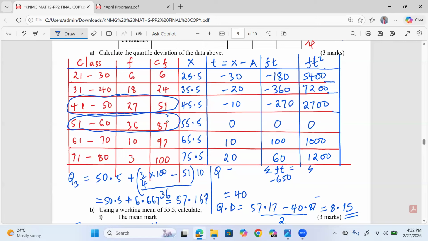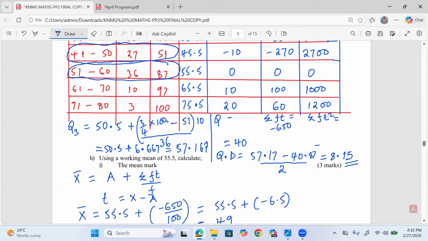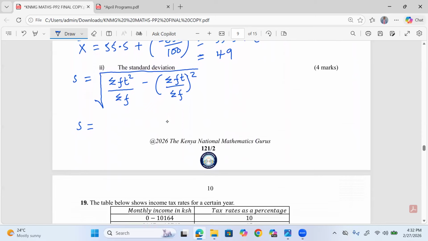So can we talk about summation of f times t squared? What do we get as the summation here? 5400, 7200. Then we are adding 2700. Then we are adding 1,000. Also adding 1200. This gives us exactly 17,500. I hope I've not made any errors.